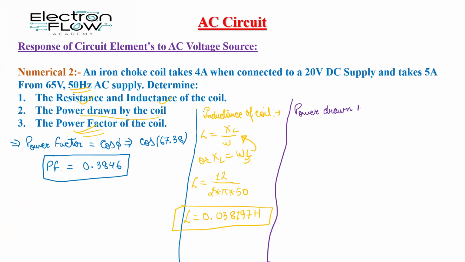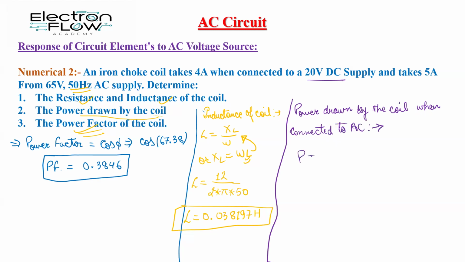In the question, we have been given two types of supply, so we are calculating the power when the coil is connected to AC.